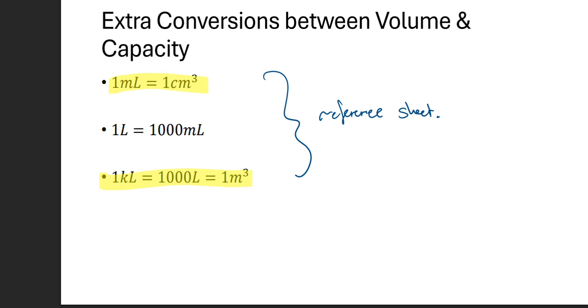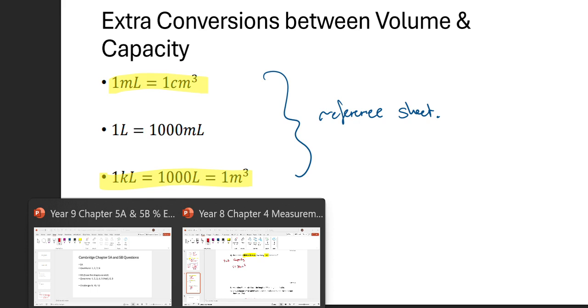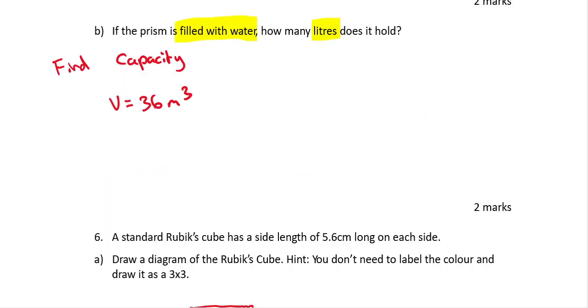Okay. So we know the conversion here is that for every 1 meter cubed, that's equivalent to 1000 liters. So if we have 36 meters cubed here, you got to find out how much this is in liters.